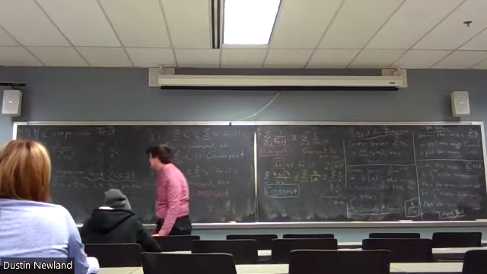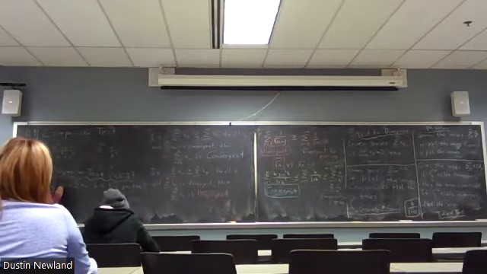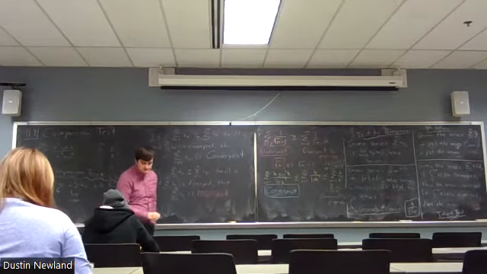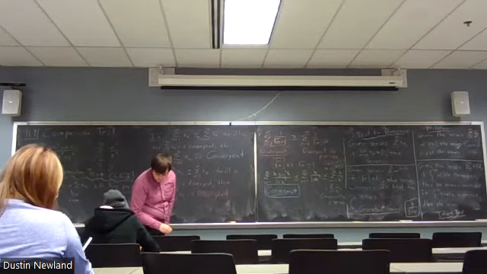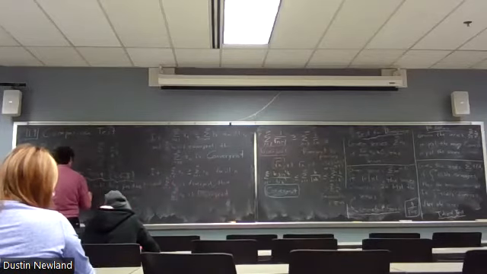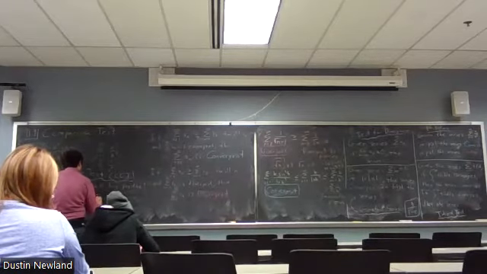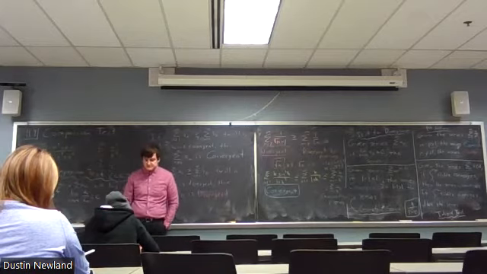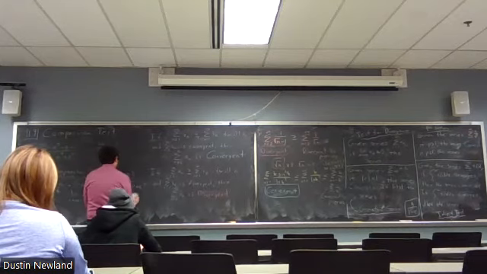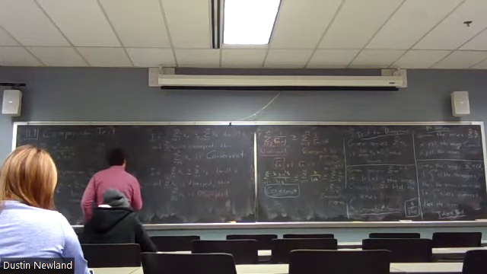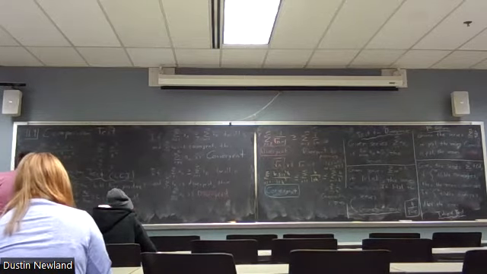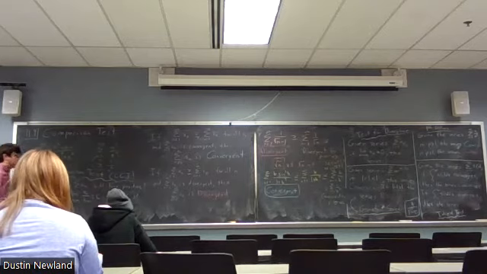Okay. If the limit as n approaches infinity of a_n over b_n equals c, where c is a finite number, and c is greater than 0, so it has to be finite, right?